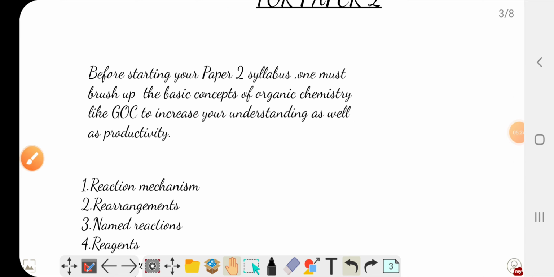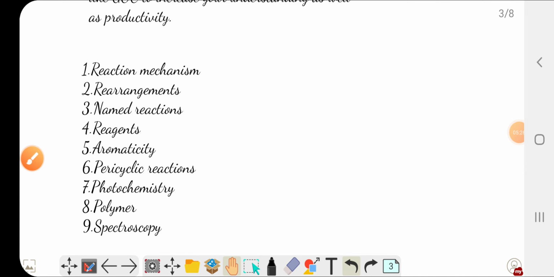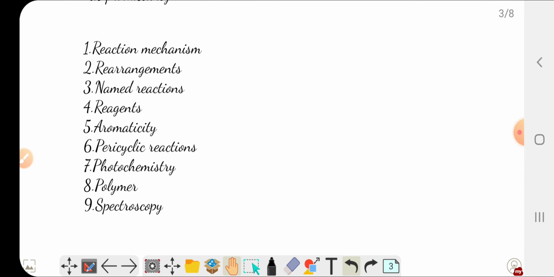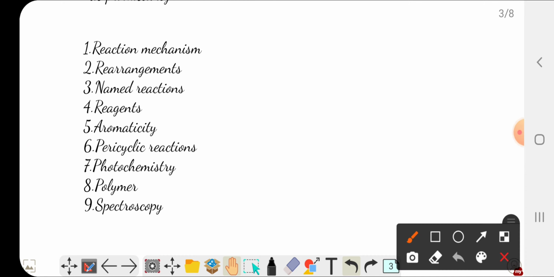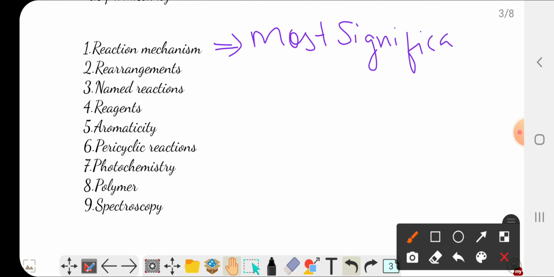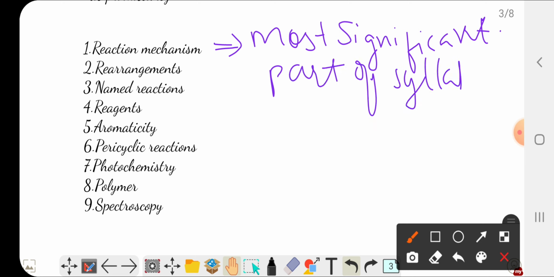Now, what is the correct sequence you should follow? First of all, reaction mechanism is very, very important and the most significant part of the syllabus. The whole paper revolves around this section.